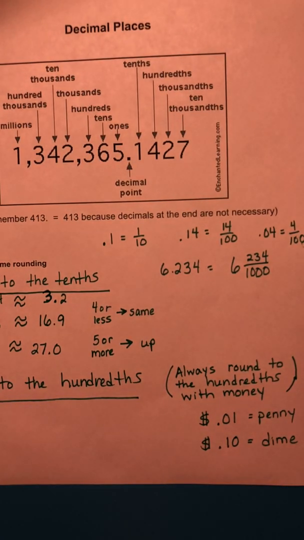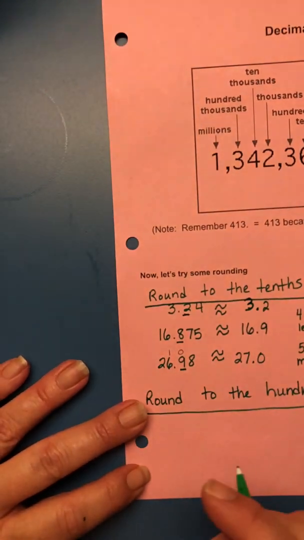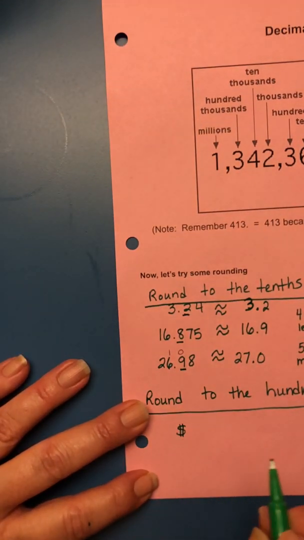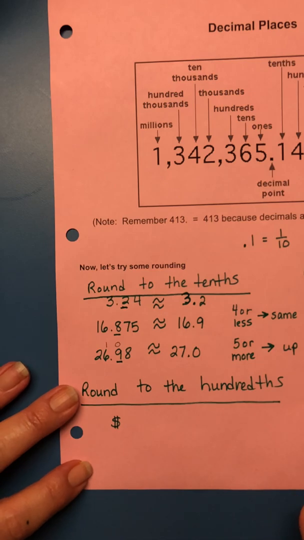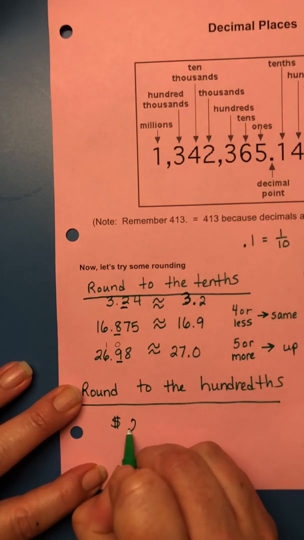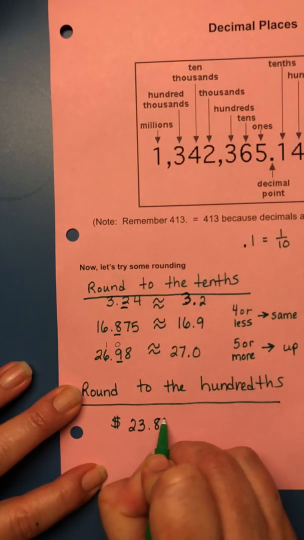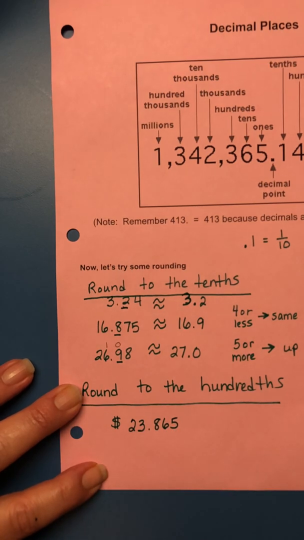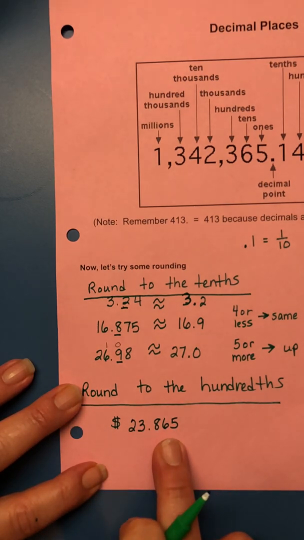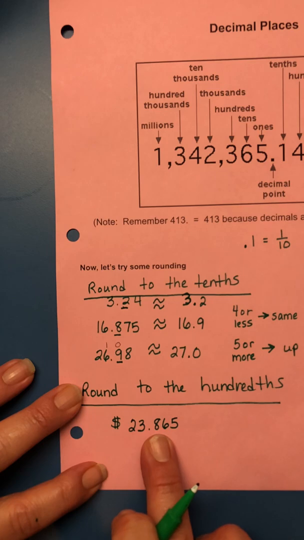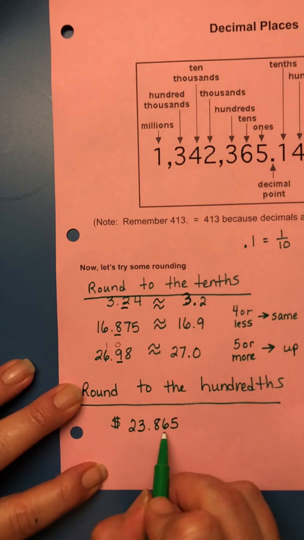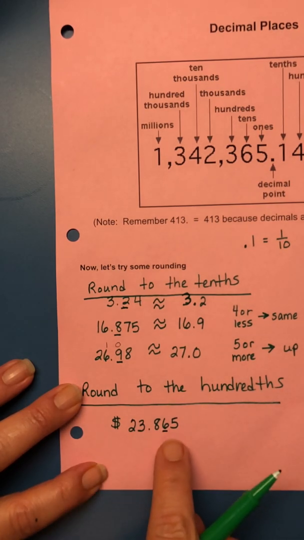Now, let's round to the hundredths. We're going to do one with money. You might be doing some work and get an answer that comes out to this, 23.865. And we know that doesn't make sense. That's not how we do our dollar system. We need to round to the hundredths. So I look at this 5 and I look at the rules.